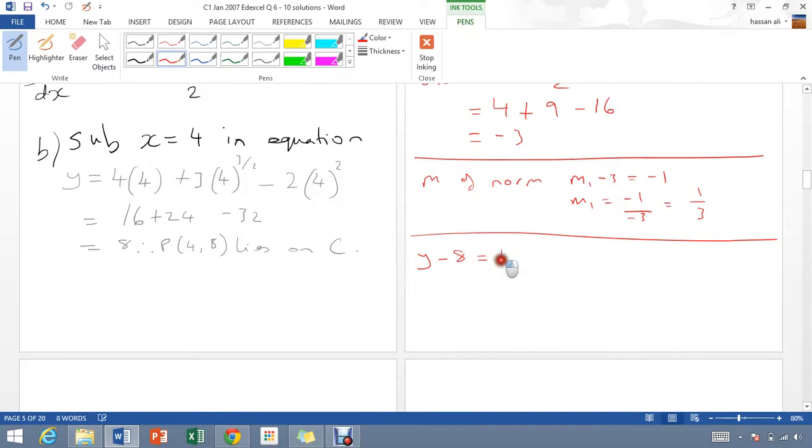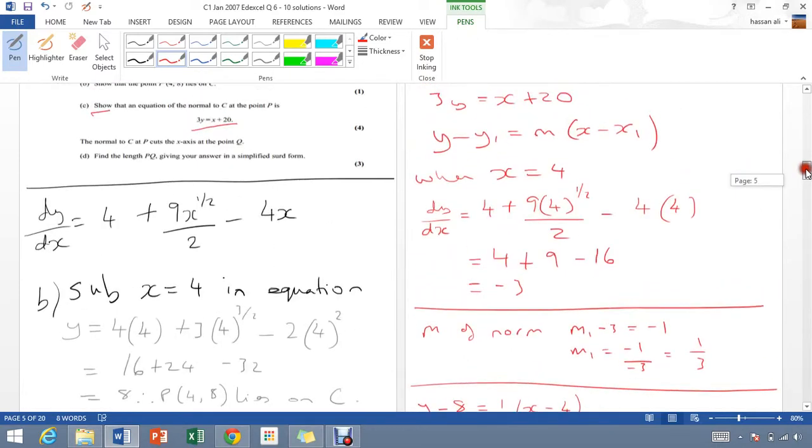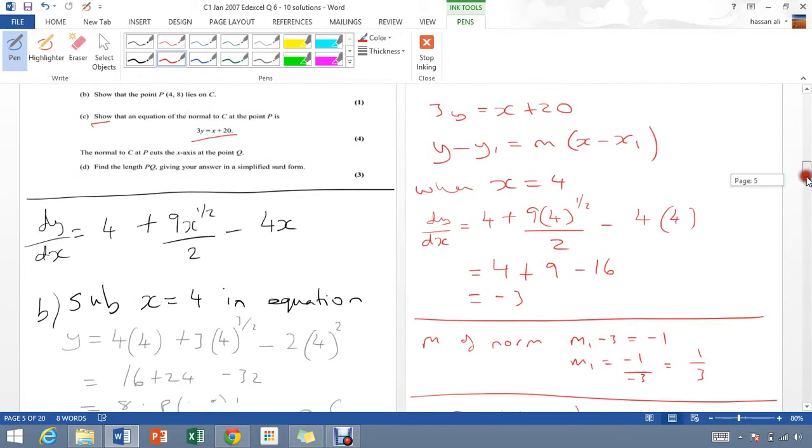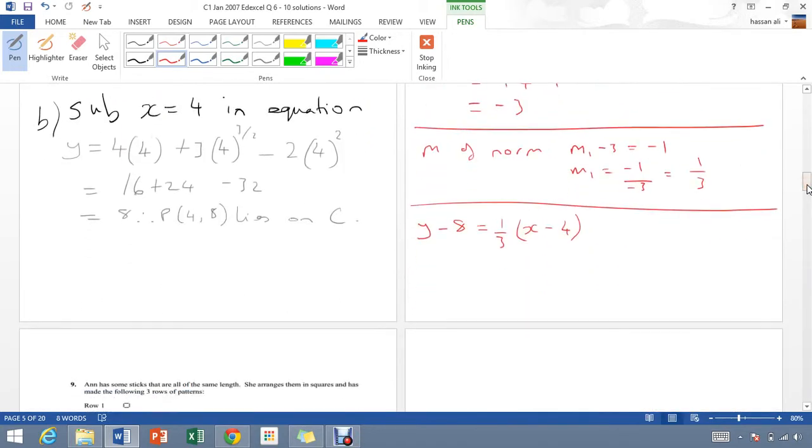Our gradient is 1/3, and your x1 is 4. Now I need to simplify this. Remember where we're going. It says show, so we need to make sure we're heading towards that equation there, 3y equals x plus 20. That should give me a hint as to what I'm trying to do with this. So times everything by 3.